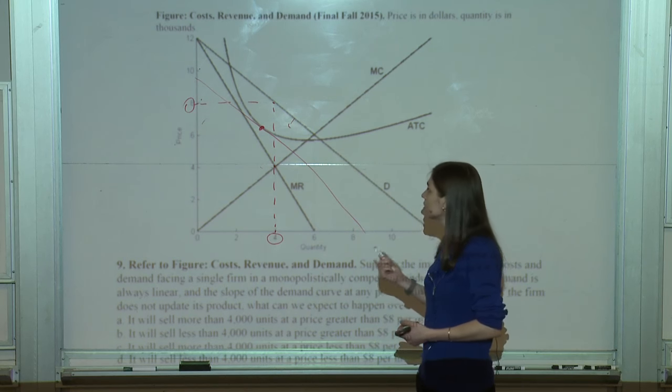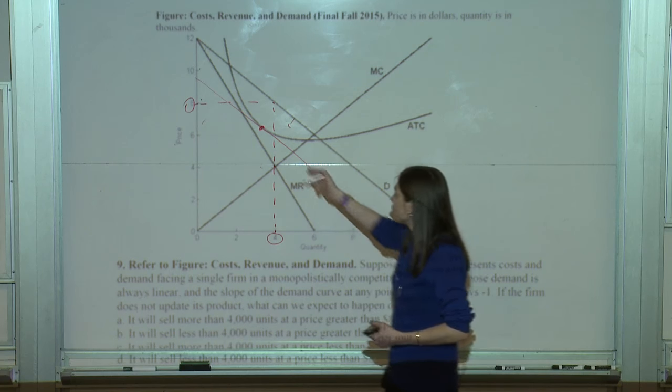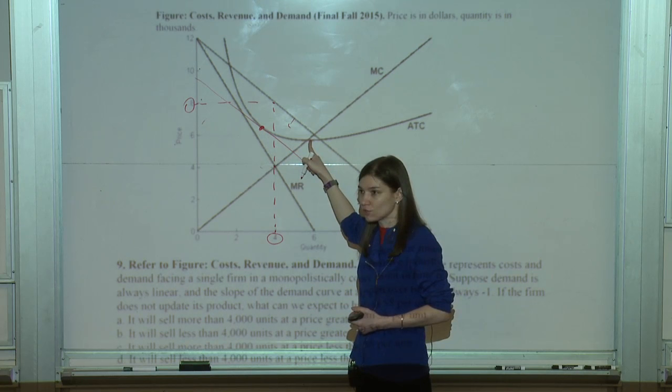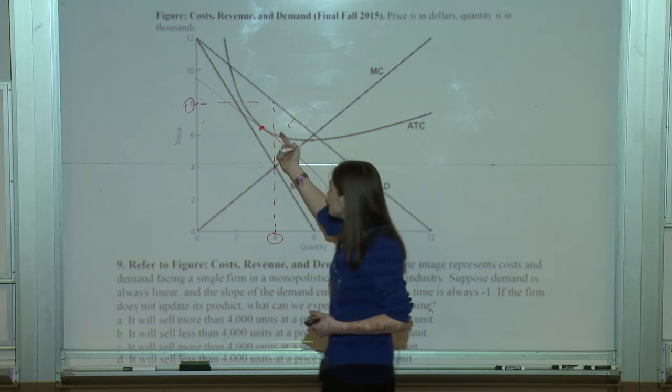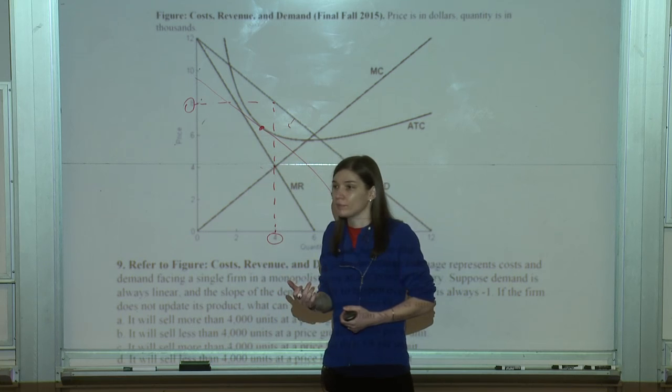But what's the difference between that and perfect competition? Well, profits are zero, but they're no longer at the minimum of average total cost. And the price is actually higher than the marginal cost, which is what we call markup.